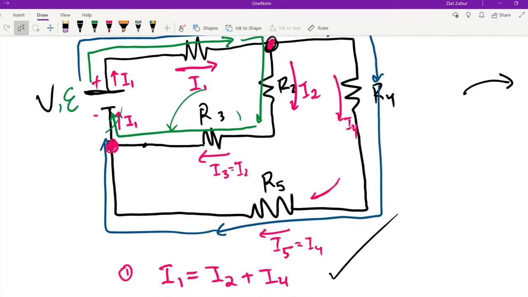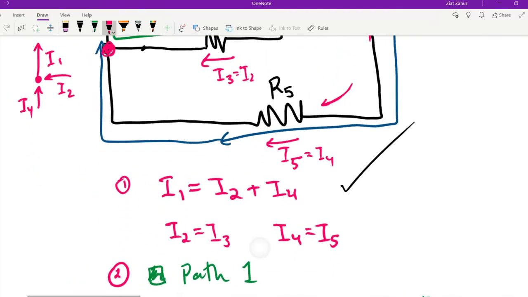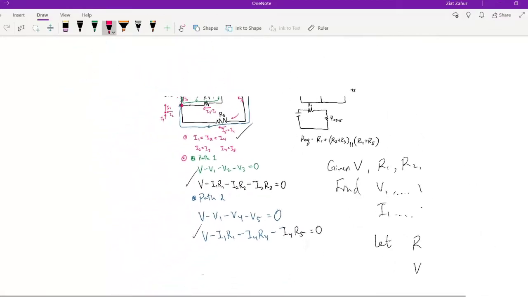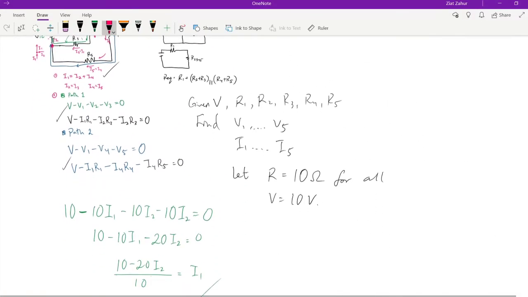For example, at this junction, you have I1 going out of the junction, and I2 going in, and I4 going in. So I2 plus I4 equals I1, which gives us the same formula that we got. All right, chat, what's our next step?